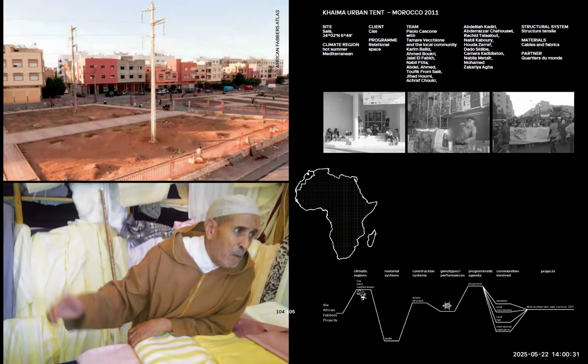And this is where my environmental design interests are. So how to make temporary space comfortable in this kind of extreme condition, overshadowing, ventilation.